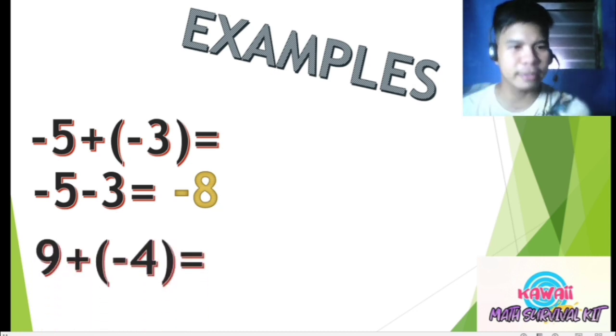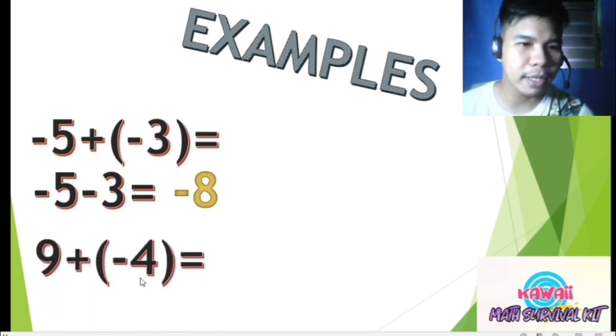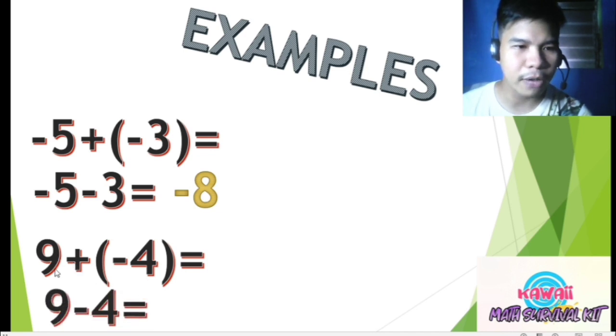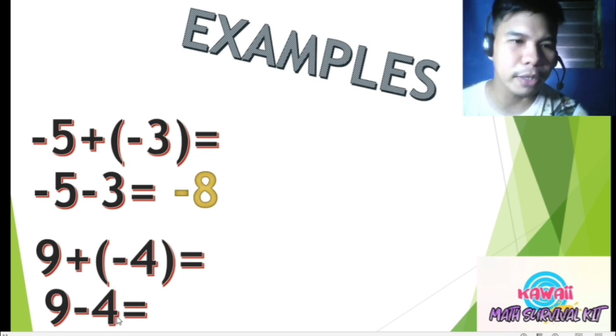How about the next? We have 9 plus negative 4. So in the same manner, we have unlike signs here. So automatically, you copy 9. So positive and negative here will become now negative. So that will become negative 4.